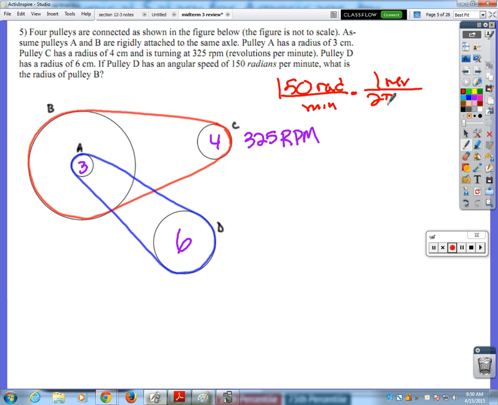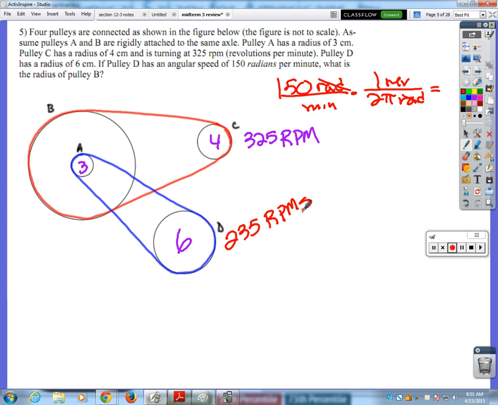One revolution is 2 pi radians, and the radians cancel. So what do you get for that? 235 RPM. Okay, and now everybody's connected, so it's a fun little game from here.